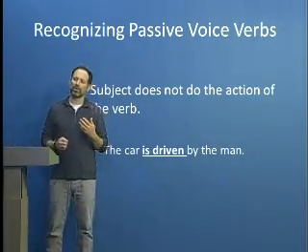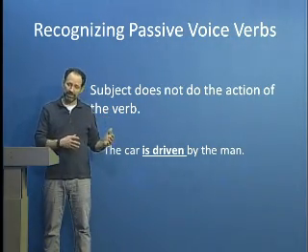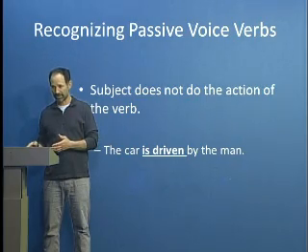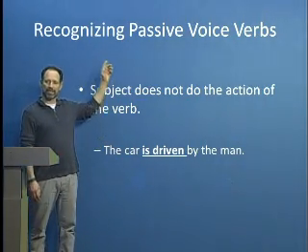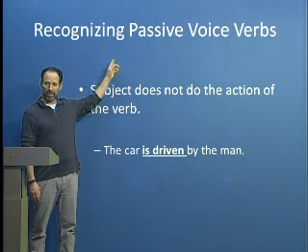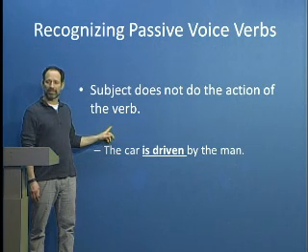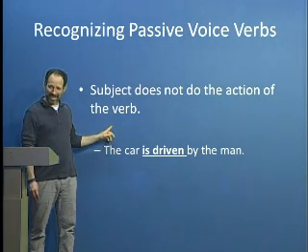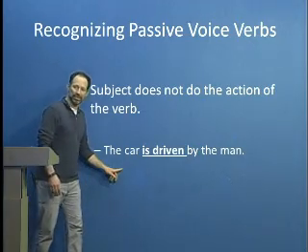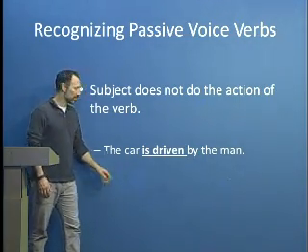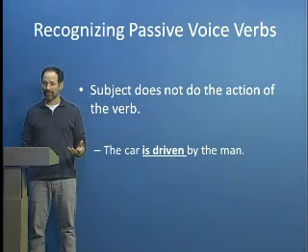Now let's talk about what we look for when we recognize if a sentence is active or passive. The first thing we can look at to see if it's a passive voice sentence is we look if the subject does not do the action of the verb. Here, the car is driven by the man. The action in the sentence is driven, drive.